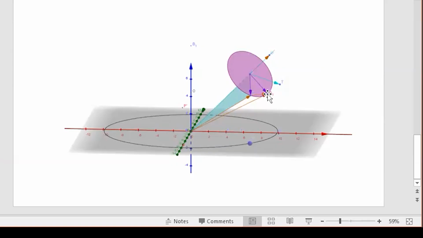Okay. So we would like to see how this OP, which is originally here, when it takes a position P prime, there is a vector we call delta R. So how can we exactly get a relation for that in terms of these things?